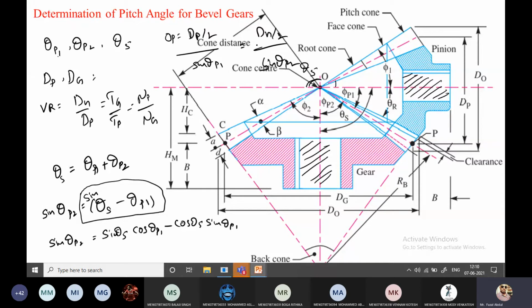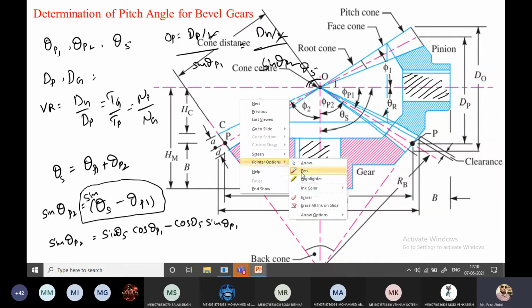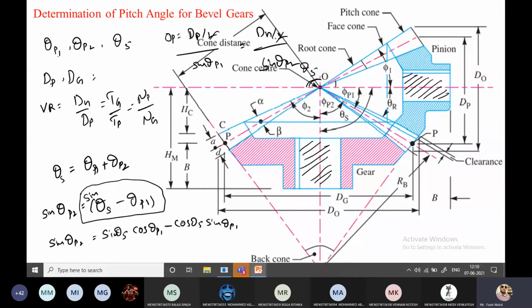With these two equations, the 2 gets cancelled: sin theta p2 by sin theta p1 is equal to dg by dp. And dg by dp represents the velocity ratio, so I am writing Vr.